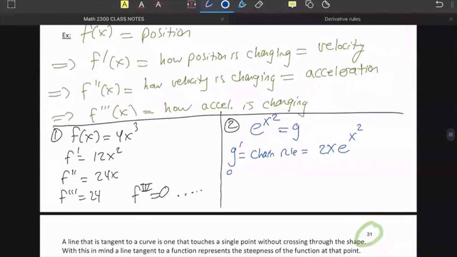But then if we try to take another derivative, it gets worse because then it's a product rule and a chain rule. I'll just write that one down real quick. So f prime g plus f g prime.